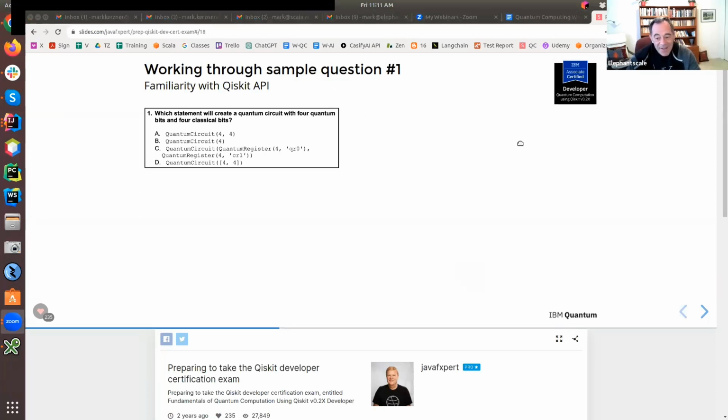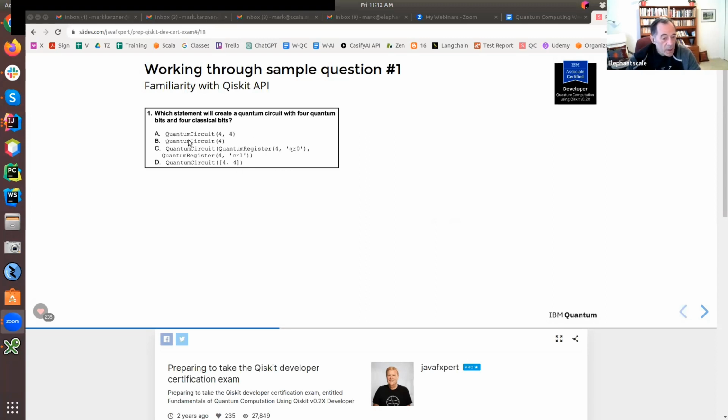Is your answer. So out of these, which will be, and that does happen on the test. So which is the right way to say 4 quantum bits and 4 classical bits? I know that Aisha gave the right answer last time, so she can do it again. Well, hey, okay, all right. You did it last time as well. Yes, that would be the right way. Now, how can you know?